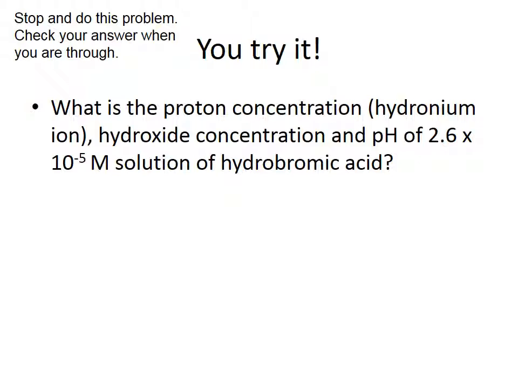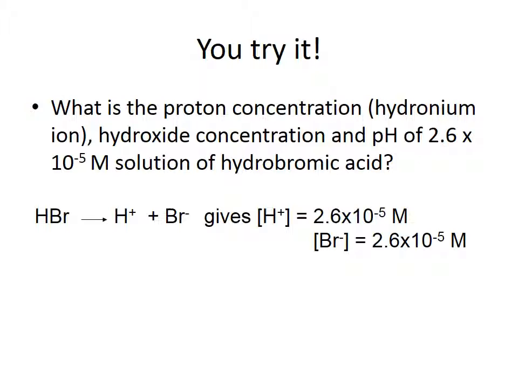First of all, you'll write the equation for hydrobromic acid undergoing dissociation, which gives a proton plus a bromide ion. Since the concentration of this solution is 2.6 times 10 to the minus 5, the proton concentration is equal to 2.6 times 10 to the minus 5. Of course, the bromide is also equal to that, but the one we're interested in is the proton concentration.